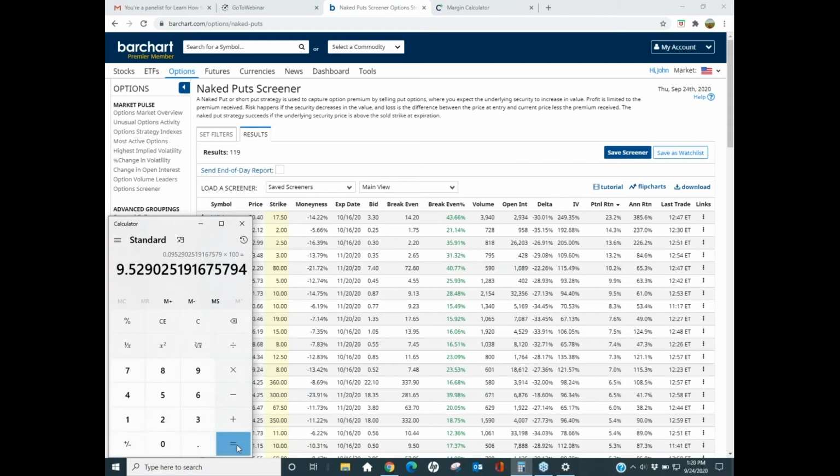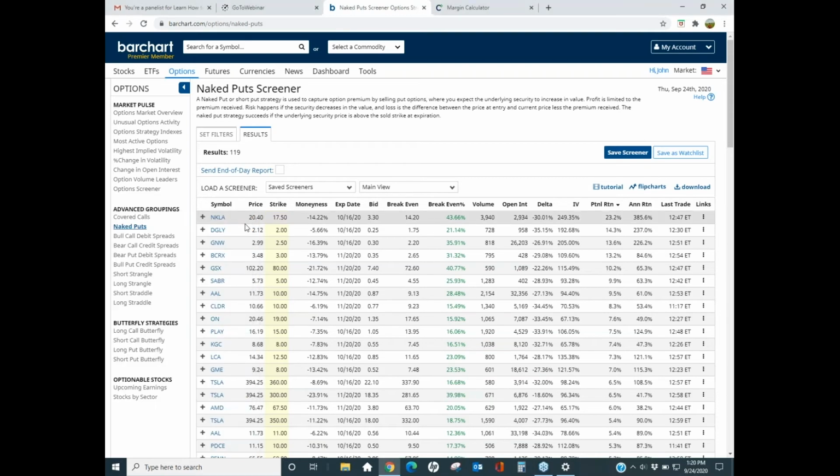And there it is, 9.5%. So this trade is starting to look really, really good in terms of time, in terms of structure, and in terms of reward on this trade.